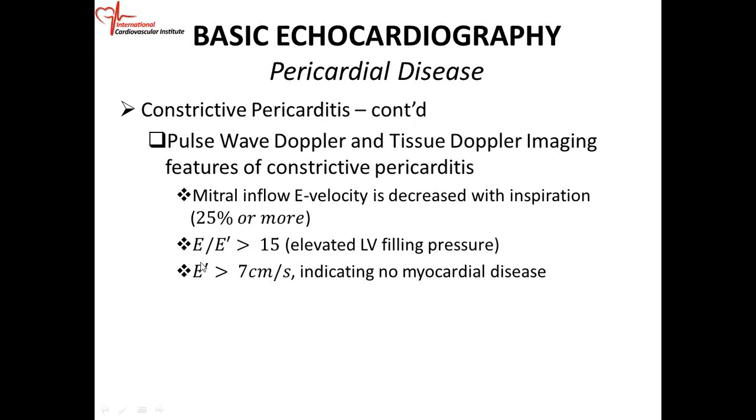If that is more than 15, and we're talking about the medial mitral annulus, if the E/E prime ratio is greater than 15, it suggests elevated filling pressures. So it's not telling you that it's constrictive pericarditis, it's just telling you that the patient is in heart failure, and helping you with the assessment.